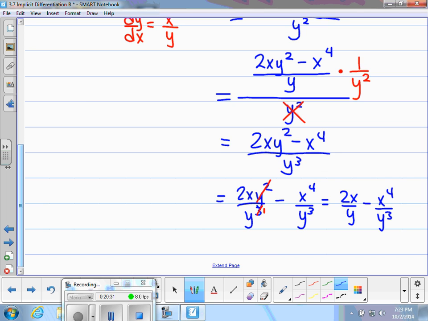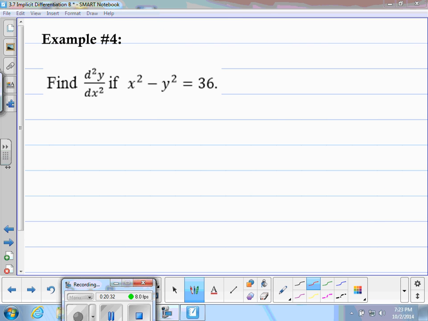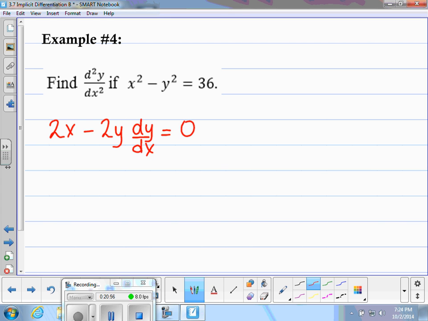So, all right, example 4, same idea. This one has an extra little special thing that happens that you're going to see in your homework. So, I'm finding the second derivative. I picked an easy equation, right? So 2x minus 2y dy dx equals 0.